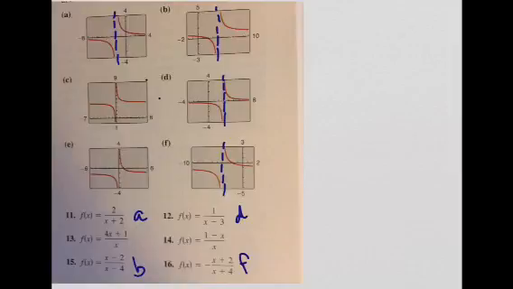So for 13, I would look at these two right here. Both of them have degree 1. So then the horizontal asymptote would be at y equals 4 over 1, because that's my a and my b. So y equals 4 would be the horizontal asymptote.